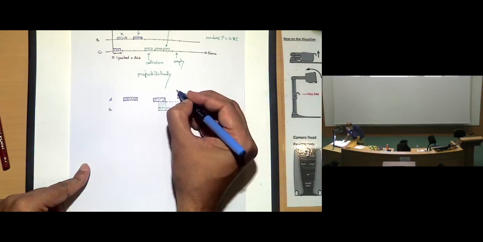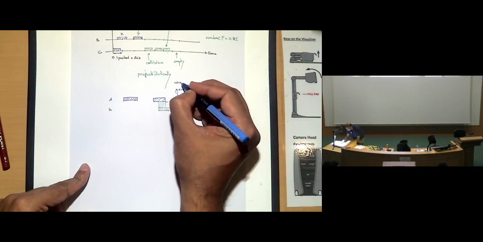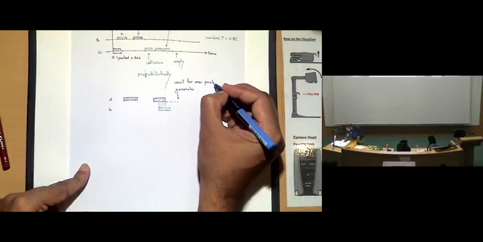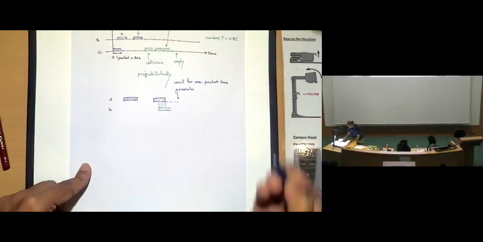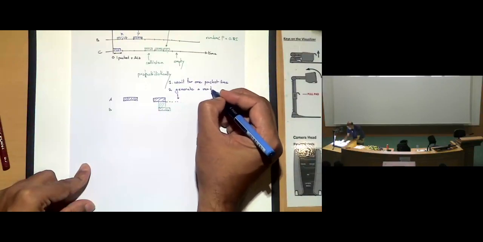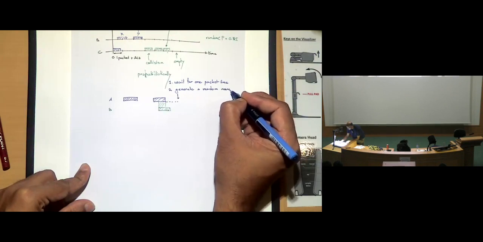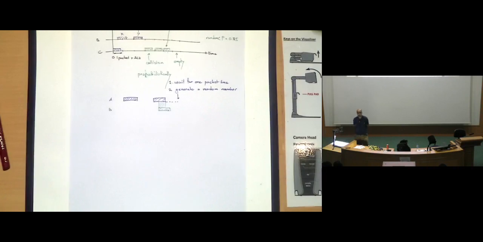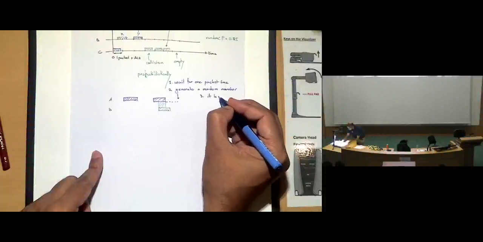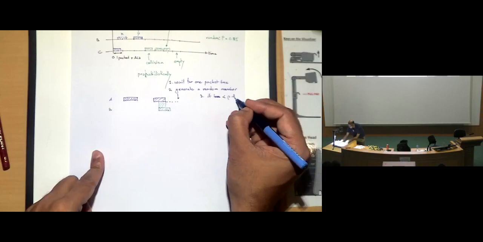And at this point, you're going to generate a random number. If less than p, then transmit.